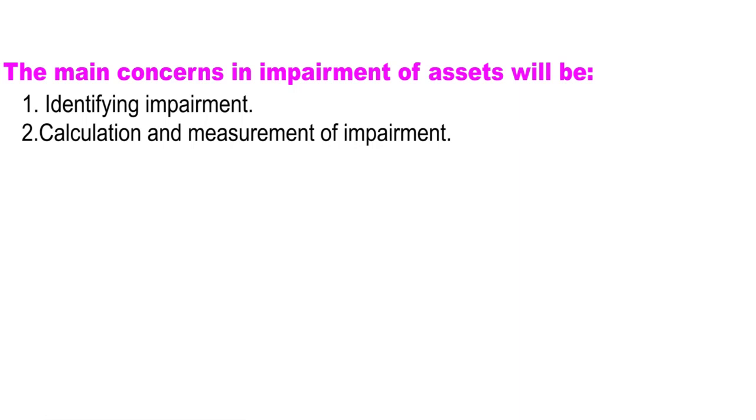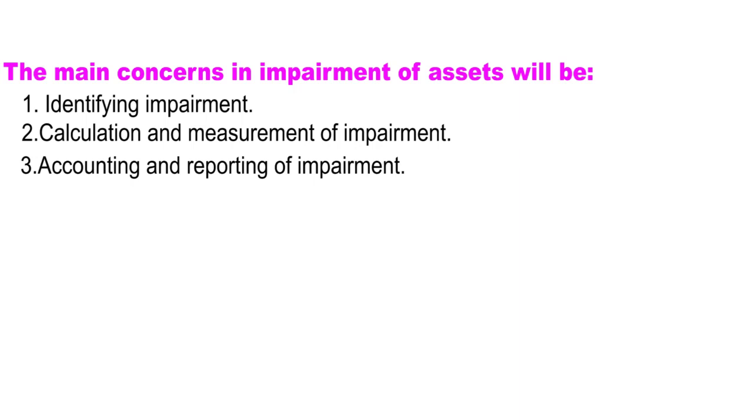Remember, we are looking at the main concerns for IAS 36. We also have accounting and reporting impairment losses. How do we account for that and how do we report? We see identifying and calculation is not a big problem, but when it comes to accounting, maybe that's what we have not done. How do we report impairment loss?